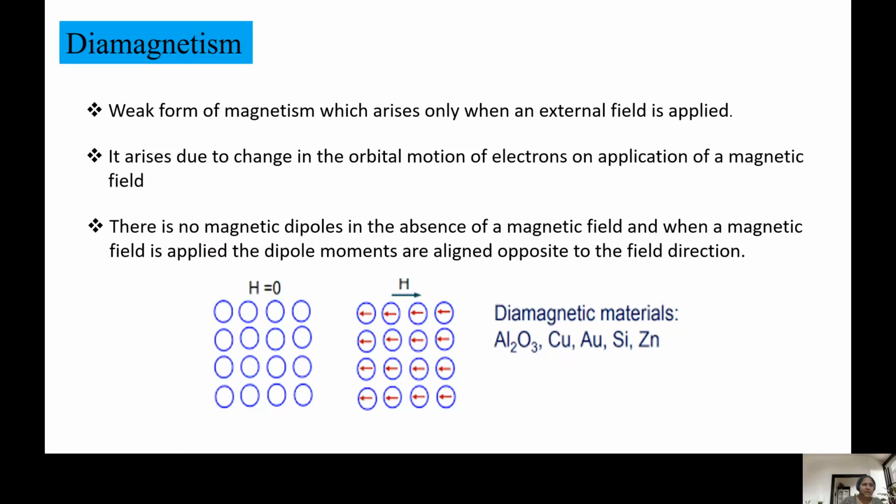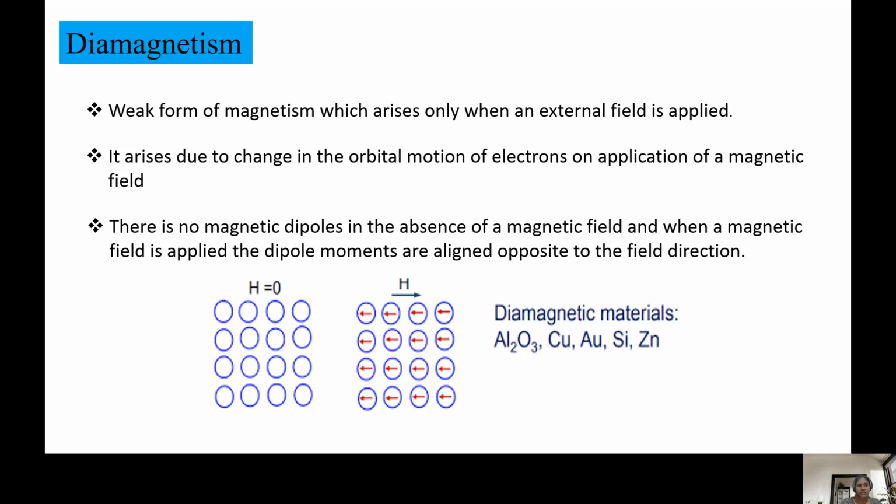So what is diamagnetism? Diamagnetism arises in materials due to the change in the orbital motion of the electrons when an external field is applied.